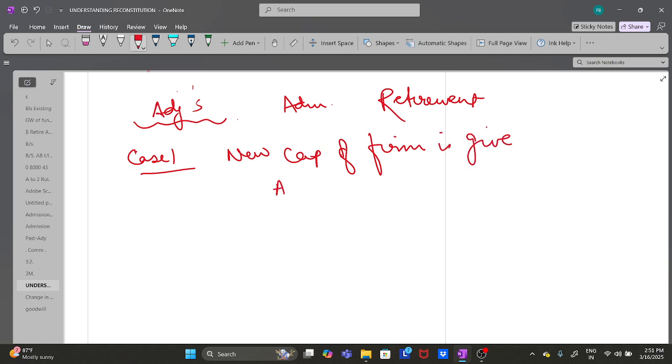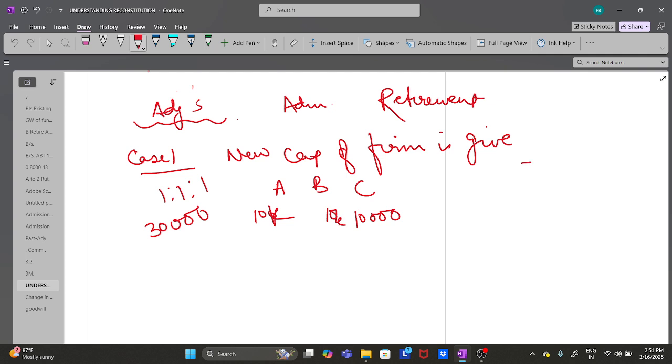Say A, B, C are there and they are sharing equally, and C brings 10,000 as capital and the total capital of the new firm is 30,000. So each one's new capital turns out to be 10,000 in that case.